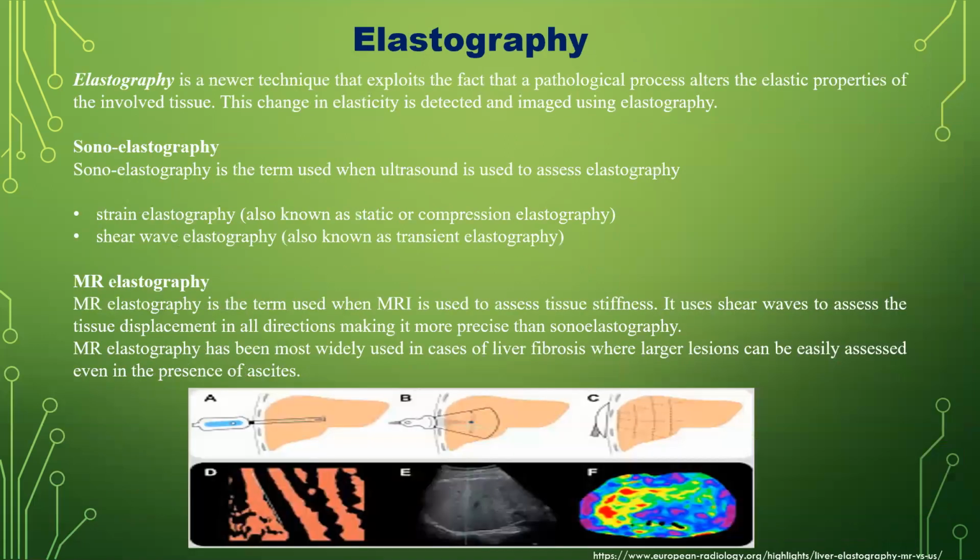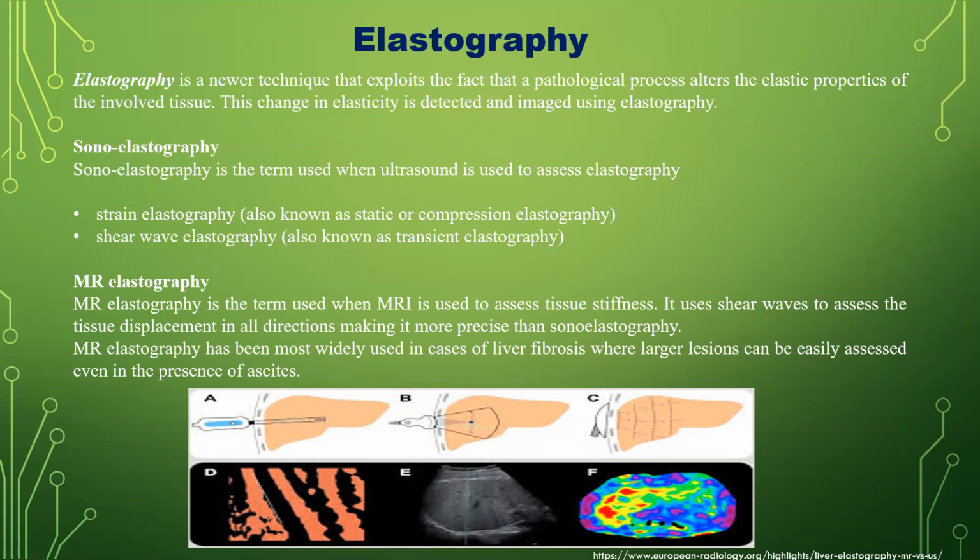spectral Doppler waveforms. Elastography is a newer technique that explores the fact that the pathological process alters the elastic properties of the involved tissue. This change in elasticity is detected and imaged using elastography. Ultrasound elastography is a term for when we use ultrasound to assess elasticity.